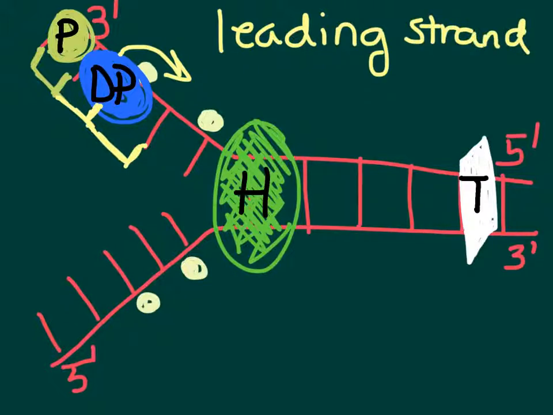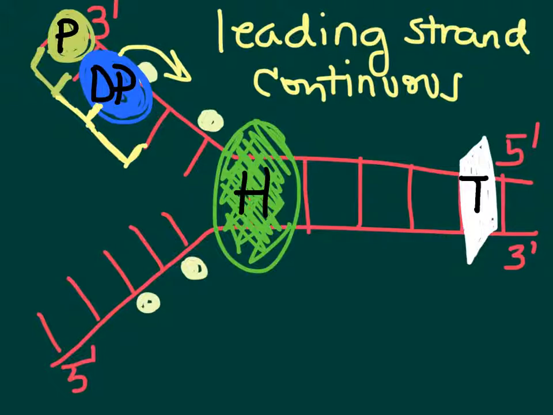And on that leading strand, replication is continuous. It's just going to keep going until it encounters another replication bubble that was down the strand somewhere. It's also replicating. Once it encounters one, it's done.